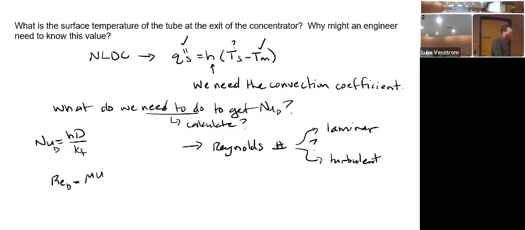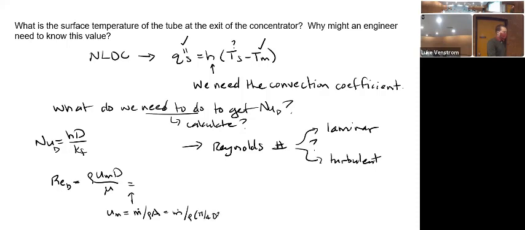It's defined as density times the mass average velocity times the tube diameter divided by the kinematic viscosity. Now, in internal flows, it's going to be much more convenient most of the time to substitute in that the mass average velocity is the mass flow rate divided by the density times the area, where the density times the area, in this case, is just density times pi fourth d squared.